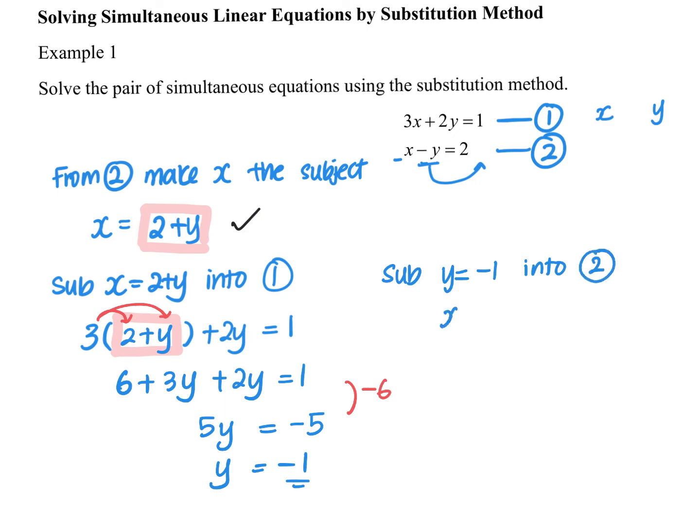That would be x equals 2 plus the value of y. Now the value of y is -1, so I'll plug in y to be -1. So 2 minus 1 will be 1. Last but not least, present your answers. Therefore, x equals 1, y equals -1.